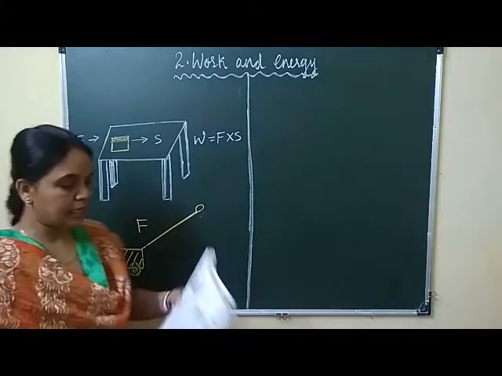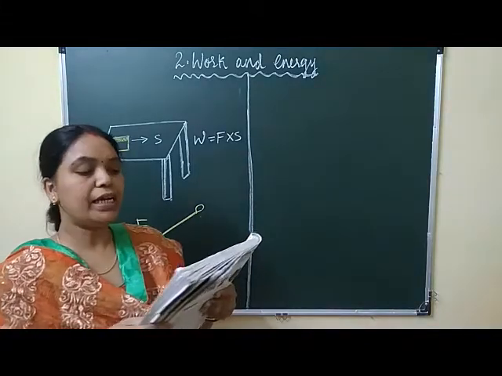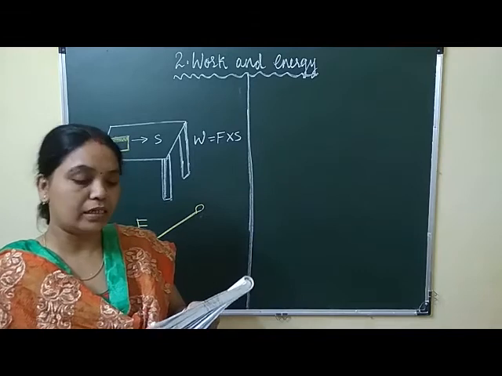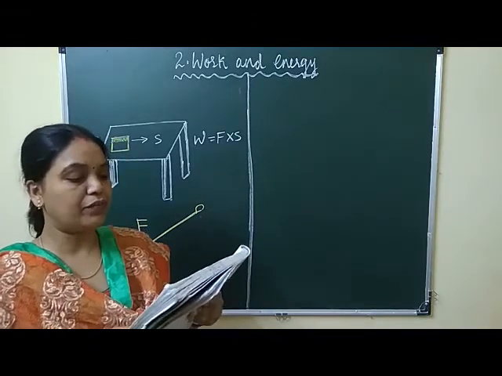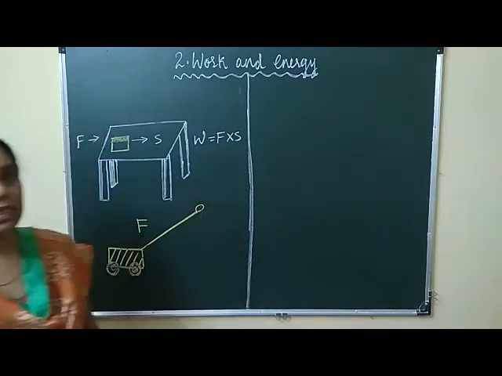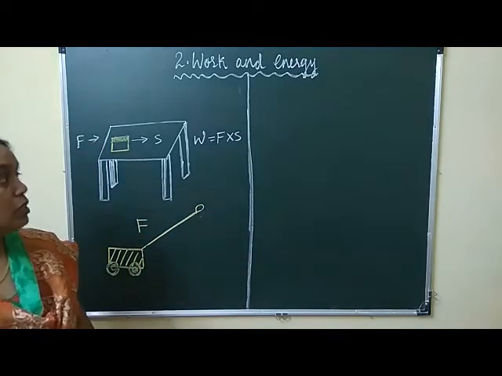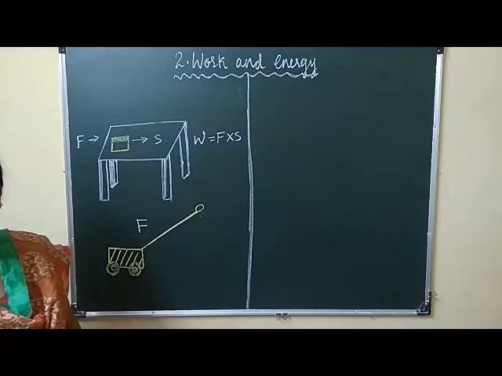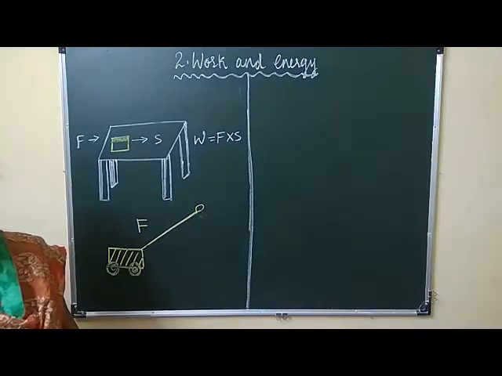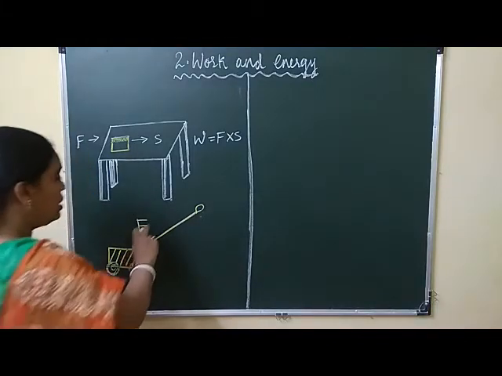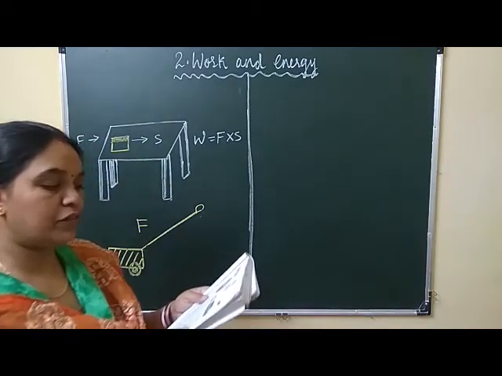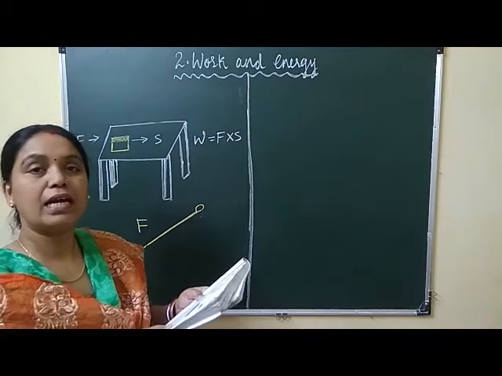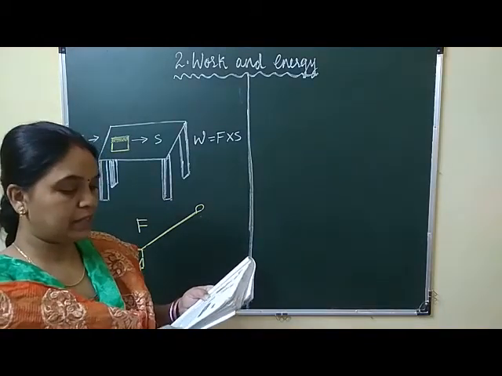Then the third example, where a large vehicle is towing a small one. Here also the direction of the force and the displacement are different. So in these cases, when force is applied along the direction of the string, the direction of force is making an angle with the direction of the displacement.